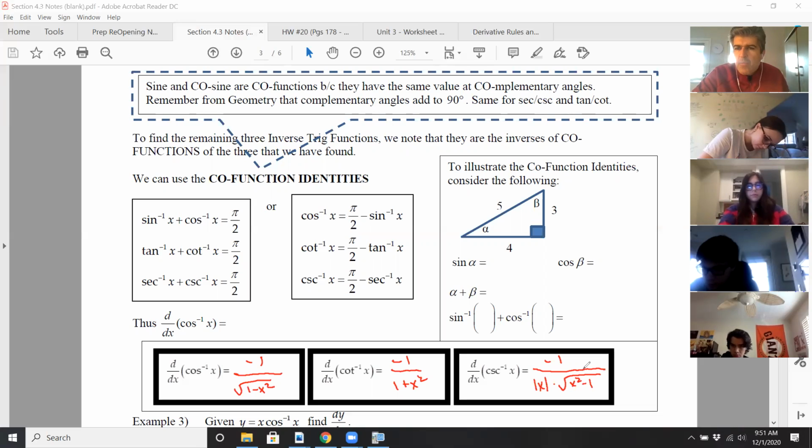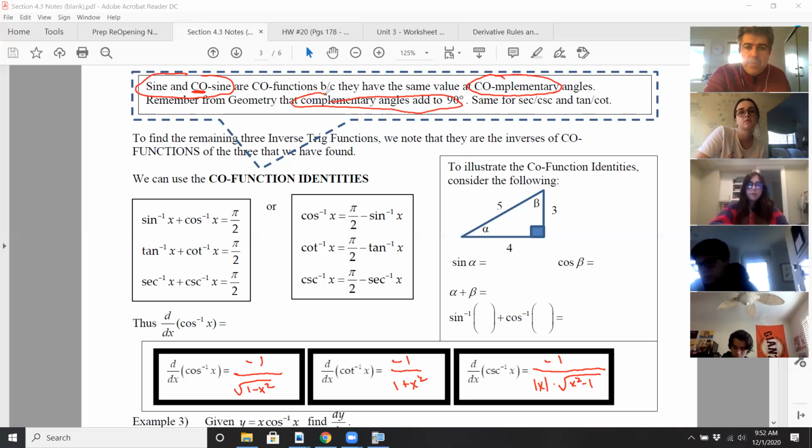And maybe you guys don't remember this or don't realize it, but in sine and cosine, the CO is actually an abbreviation of complement. You might remember complementary angles from geometry many years ago. Complementary angles are two angles that add up to 90 degrees, right? And that's likewise for secant, cosecant, tan, cotan.